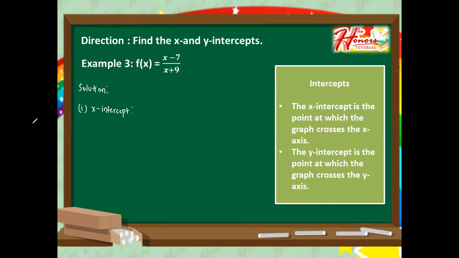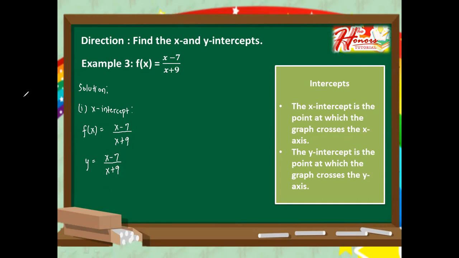So we have to copy the given first: f of x is equal to x minus 7 over x plus 9. Then we change f of x to y, so y equals x minus 7 over x plus 9. Again, to determine the x-intercept, we have to change y to 0.